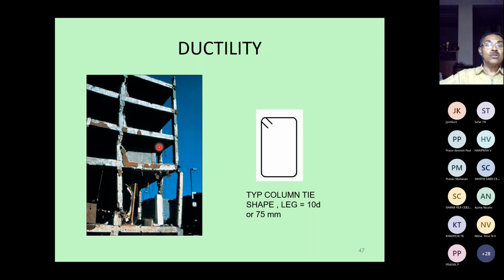The structure can be damaged to this level, but the people inside should be able to walk out. We are talking about an earthquake like the one that happened in Turkey, which can happen only once in the lifetime of a structure, not every day, and it may not happen at all during the lifetime of the structure.